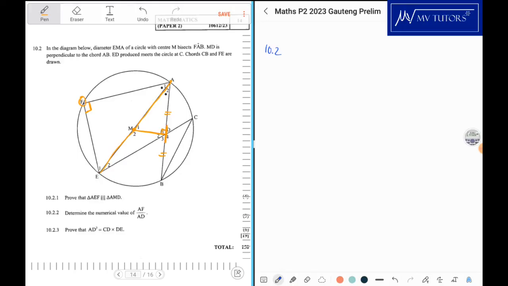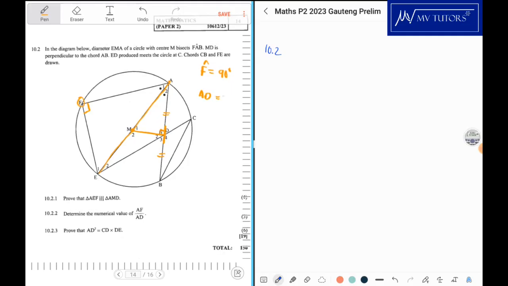So we know that AD is equal to BD. Okay, so on your exam paper, just write all these things down for yourself. Okay, and then we have AD that is equal to BD, the lengths.